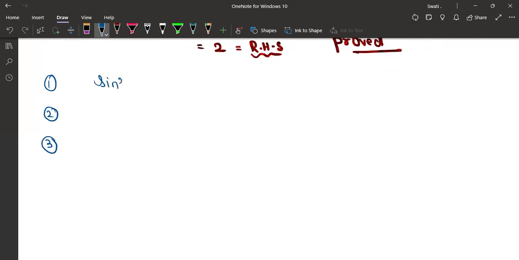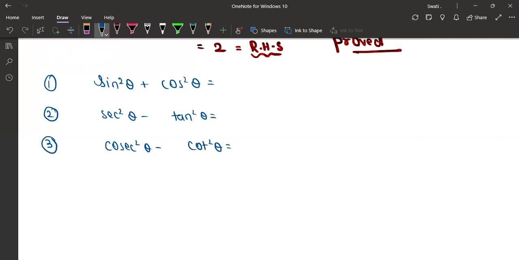You remember the 3 trigonometric identities: sine square theta plus cos square theta is equal to what? 1. Sec square theta minus tan square theta is equal to what? Cosec square theta minus cot square theta is equal to what?